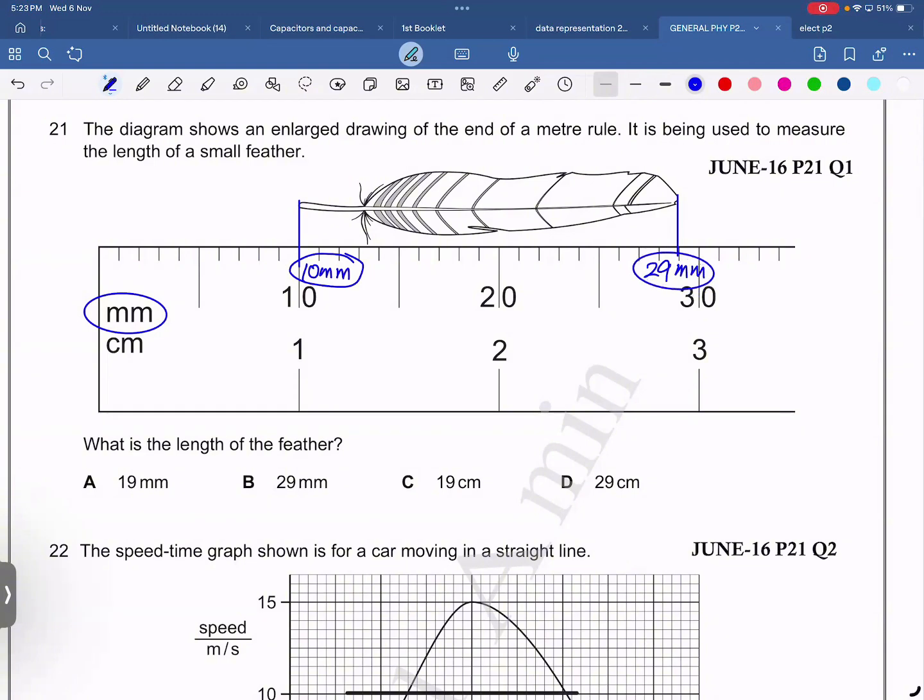So the length of the feather is 29 minus 10, 19 millimeter. There might be misunderstanding. It's 19 millimeter. Option A. Don't fall victim to C because this is centimeter. So 19 millimeter, option is A.